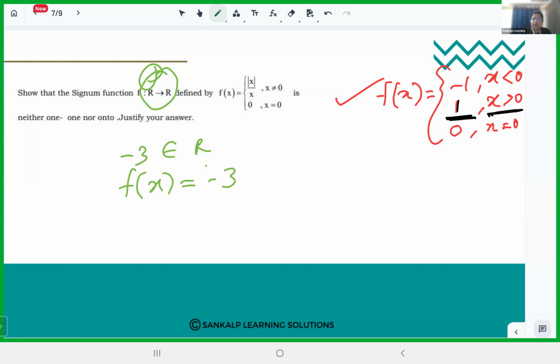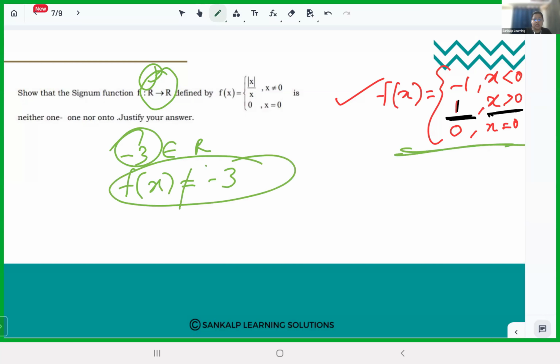No, isn't it? Because f of x only takes the values minus 1, 1 and 0. So every element is mapped to either minus 1, 1 or 0. No other values are getting mapped. So minus 3 doesn't have a pre-image. F of x can never be equal to minus 3 in this particular function. Similarly, you can find numerous numbers.